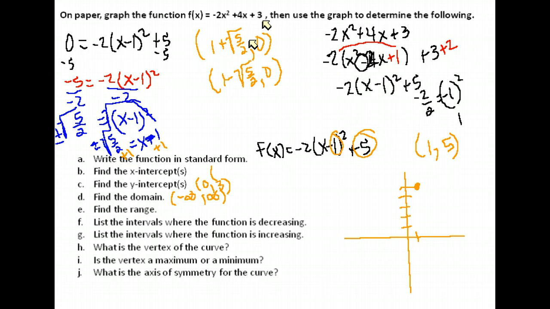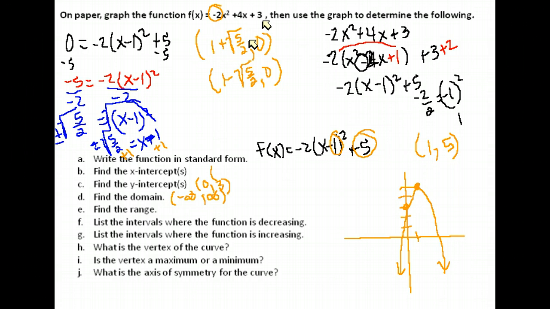It's going to open up or down. There's a negative in front, which means it's going to open down. And we know we have the y-intercept right there. Guess I kind of did this one backwards. I was supposed to graph it first.